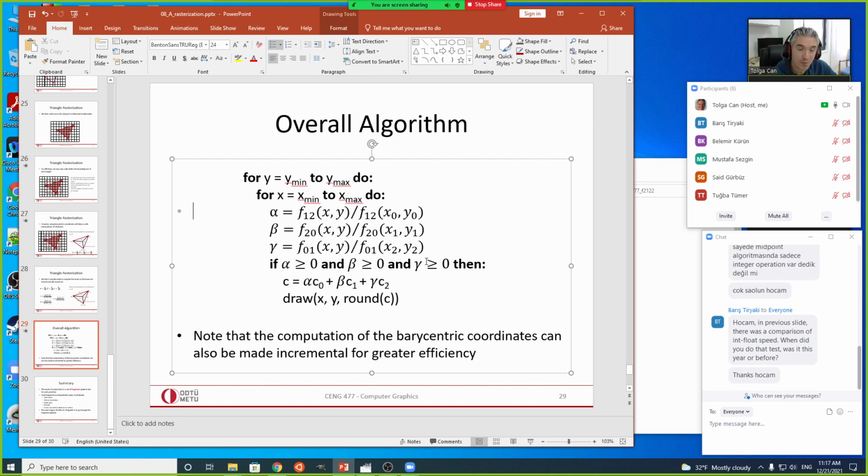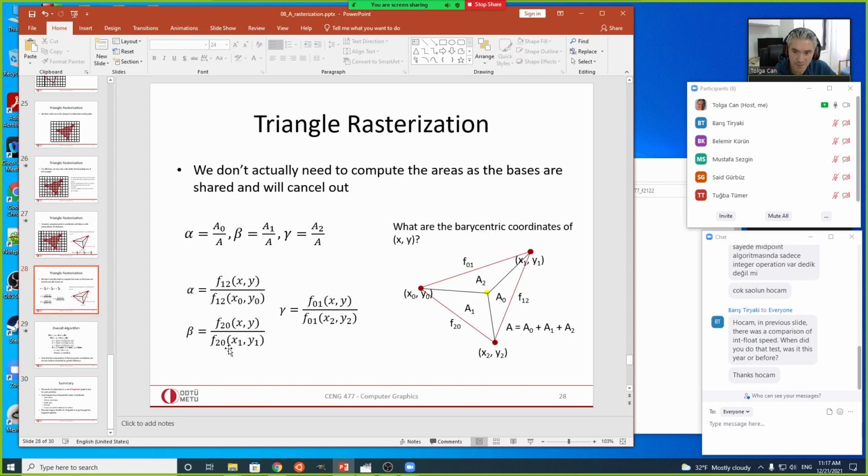If all of them are positive, then the pixel is inside. We know, for example, for f12, going this way, x0, y0 is to the right, so we know that the denominators are all negative. This is a negative value, this is a negative value, negative value.